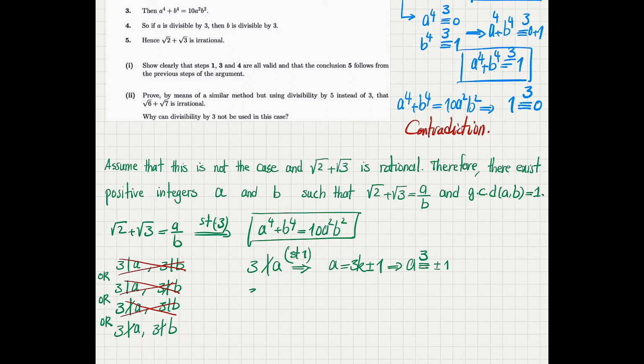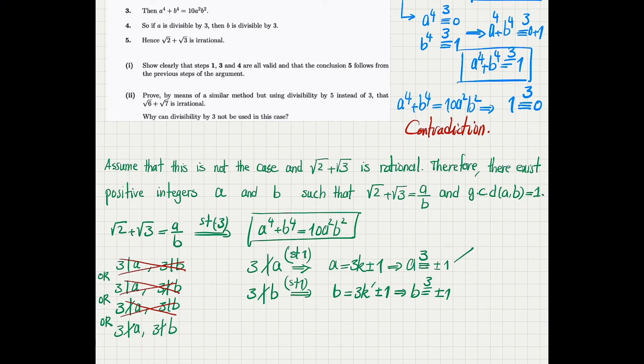And then if B is not divisible by 3, then again, based on statement number 1, B is also 3 times some k prime, for example, plus or minus 1. Then it means that B is also congruent to plus or minus 1 modulo 3.